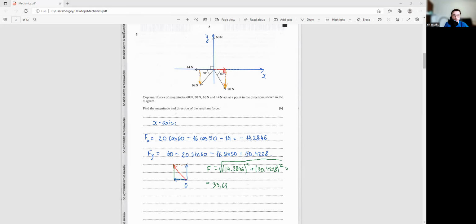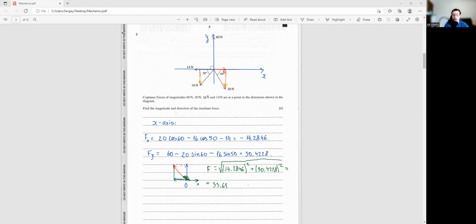Now, what about the direction? Again, let's use our diagram and say that this is going to be the x-axis. And now I'm going to calculate the angle between the resultant force and the x-axis. So basically, that's this green angle.